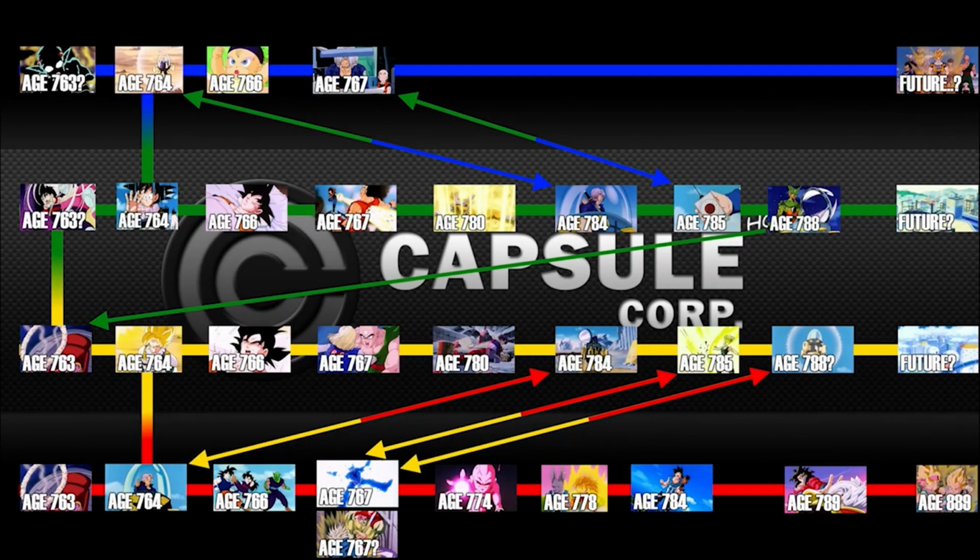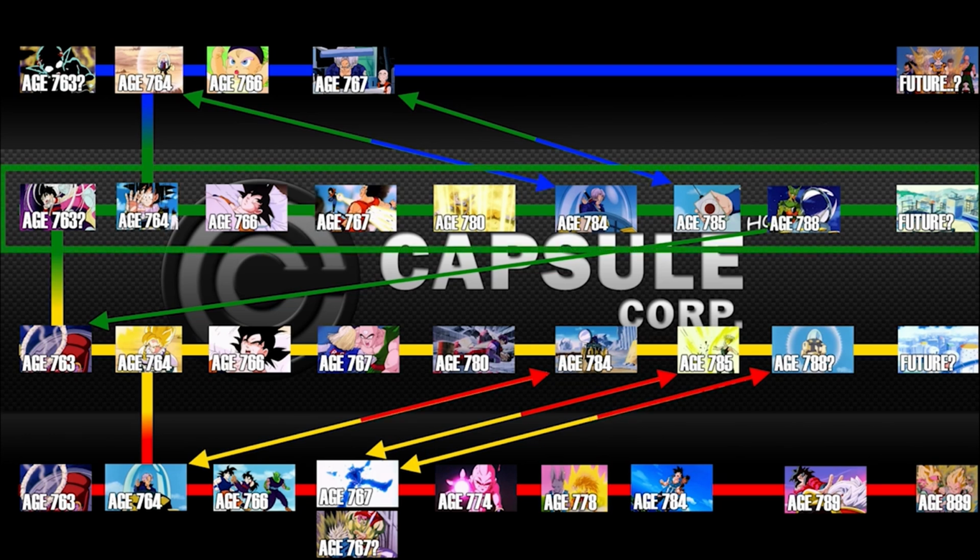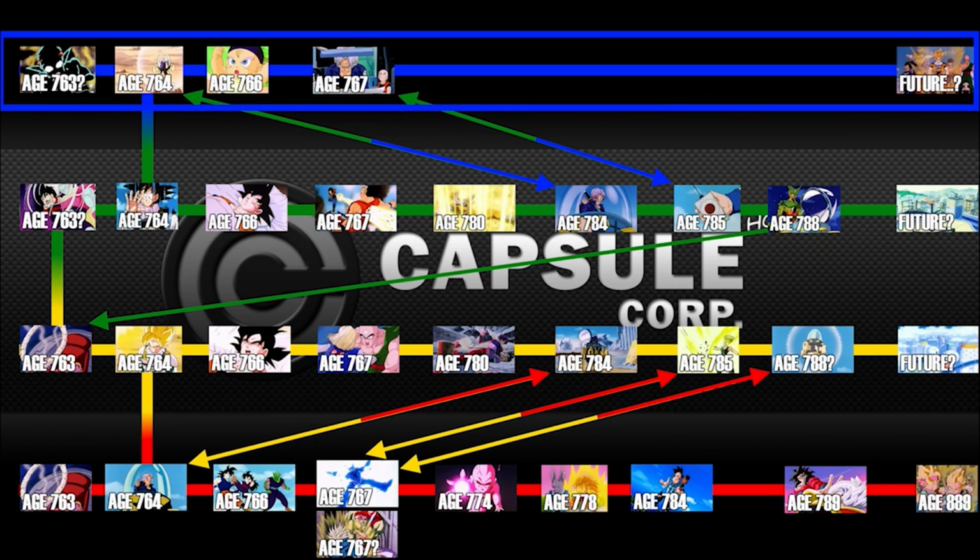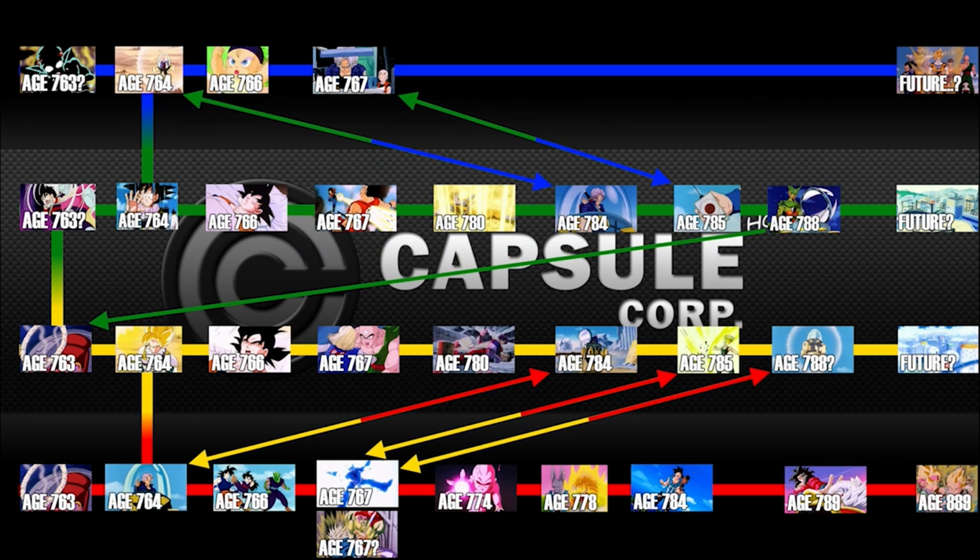Now, we know from my timeline explanation that as Trunks is preparing to go back from age 788 to age 763, from the original timeline to the unseen timeline, he is killed by Cell. Then Cell proceeded to take his time machine and he returned to age 763, therefore creating a new timeline.